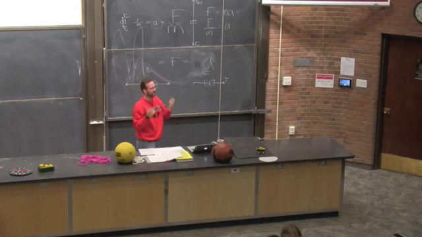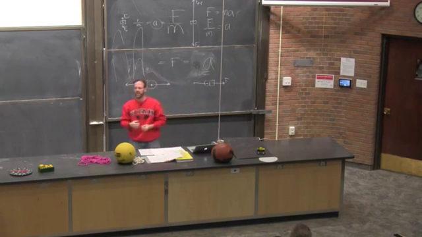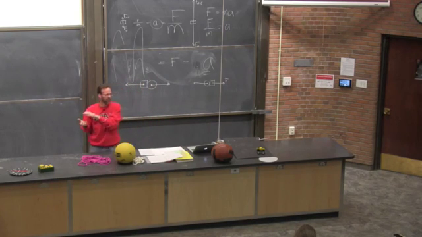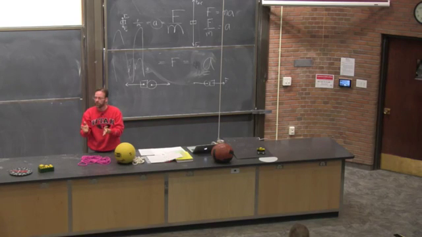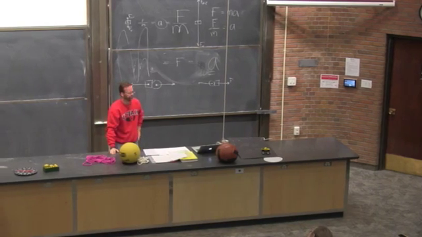Is the action-reaction pair. Yes, it meets air resistance, and that retards its motion. That forms a different pair, because the air resistance is on the ball. Earth is on the ball. The action-reaction pair can't be on the same object. That'll help you with a lot of these questions as you're working through them.